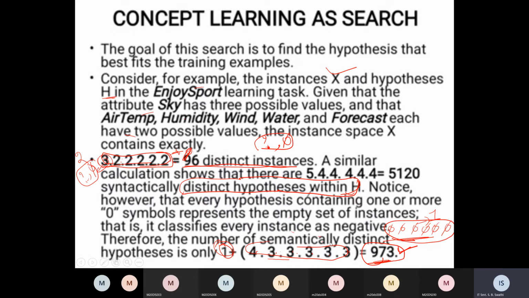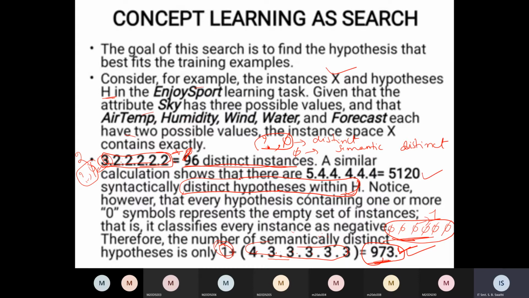This type of hypothesis is called a semantic distinct hypothesis. If you add question mark and null, it becomes only a distinct hypothesis, and if you take only null, it becomes a semantic distinct hypothesis. We are changing the original hypothesis to this in order to increase our training data.